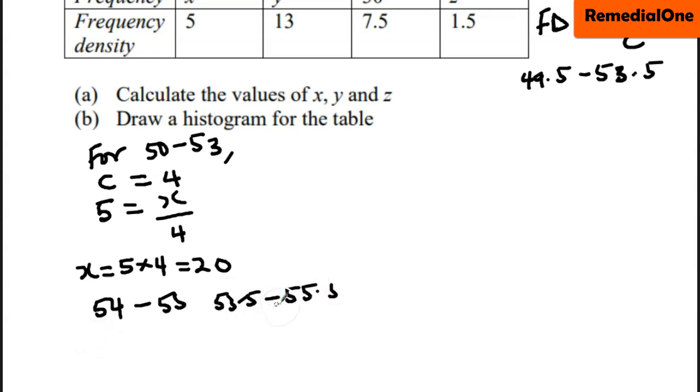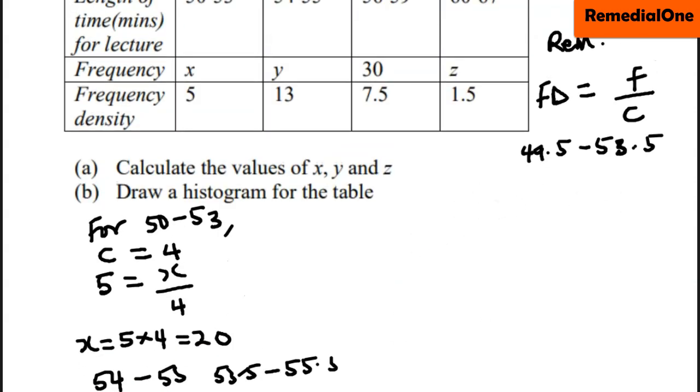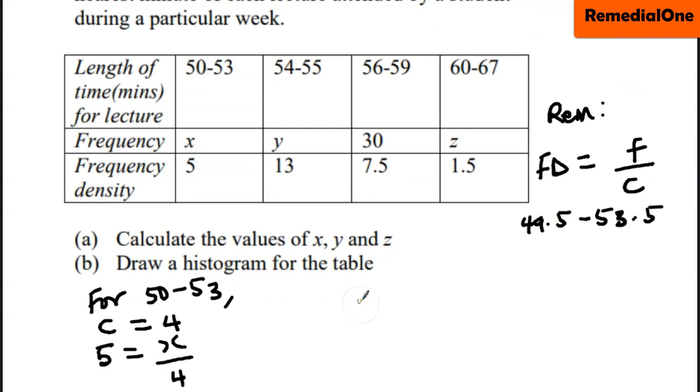So the difference between the lower and the upper class boundary, the class size, becomes 2. And then we substitute it in the formula. So 13, which is the frequency density, is equal to y over the class size. The class size is 2. So y will be equal to 13 times 2, which is 26.